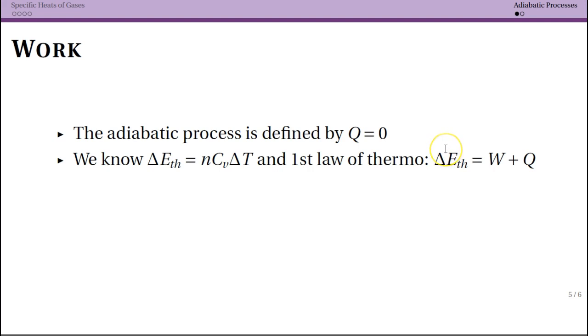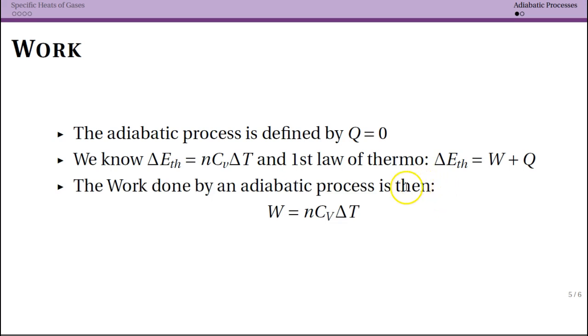But now, for an adiabatic process, we know that the work done is just equal to this value, where again we have the number of moles times the constant volume molar specific heat, times our change in temperature.